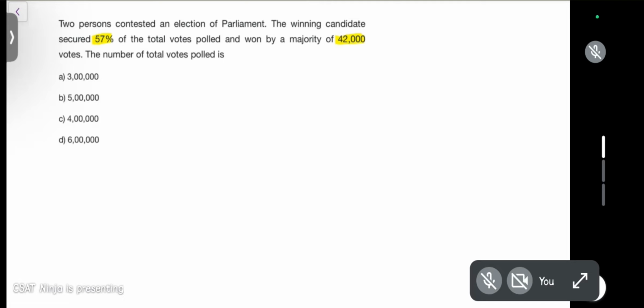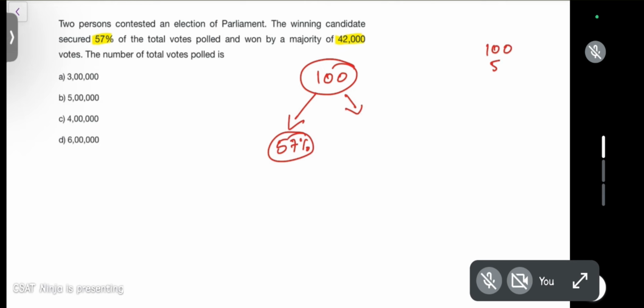There is no such thing like this number of people voted and this number of votes were invalid. If there is no condition, that means it's very simple. There is 100% in the town, and from that 100%, the winning candidate got 57%. So the losing candidate got 100 minus 57, which is 43%.